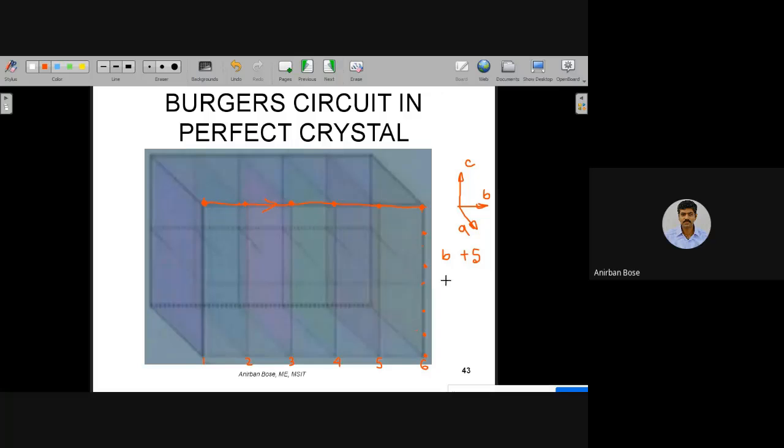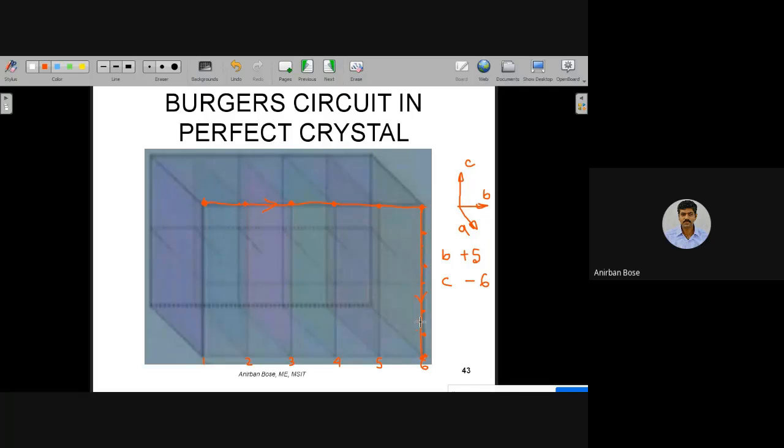So in the C direction, how much have you moved? If you come here, you will move by a distance of 6. So along the C direction, you have moved by minus 6, because C is upward positive.